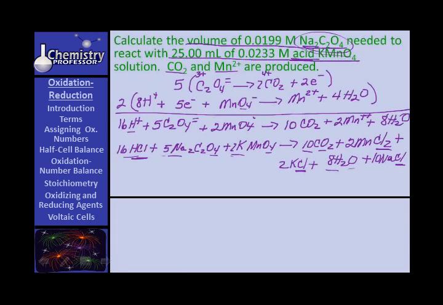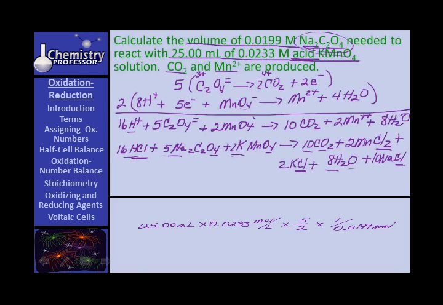Let's take our 25 milliliters of our potassium permanganate times 0.0233 moles per liter times the stoichiometric ratio, which is 5/2, to get us over to the sodium oxalate, times liters over 0.0199 mole.